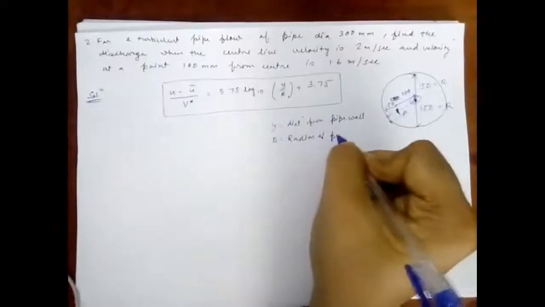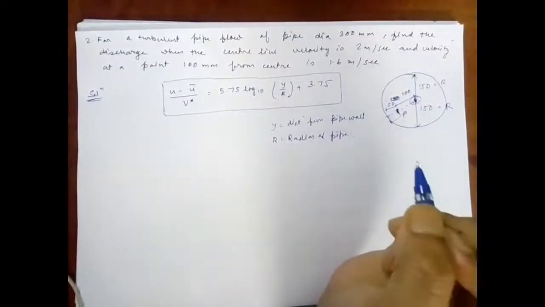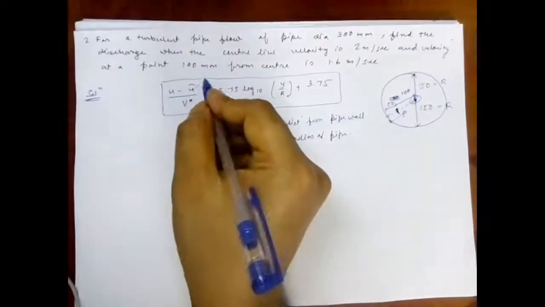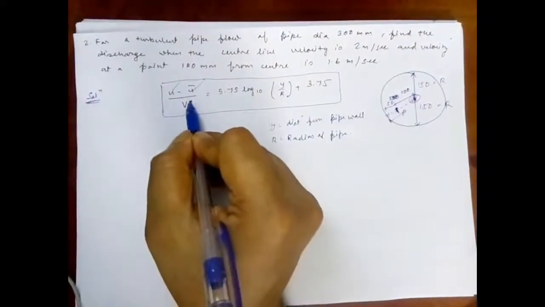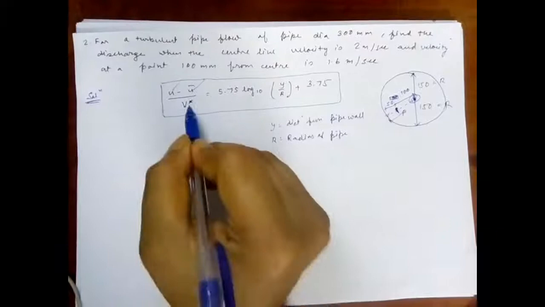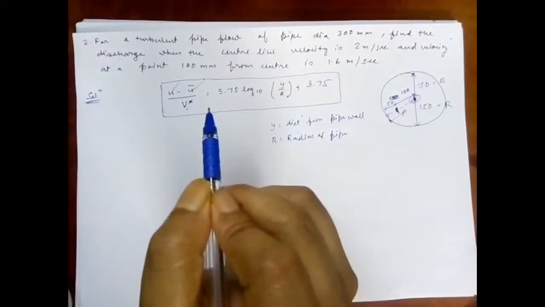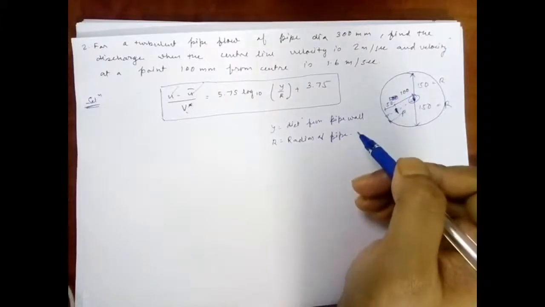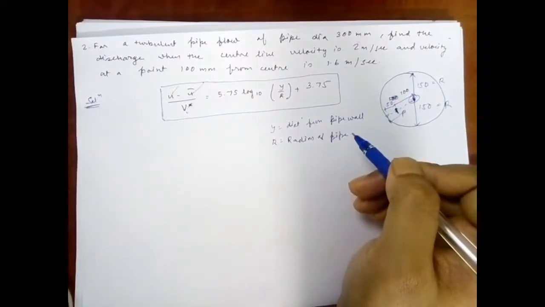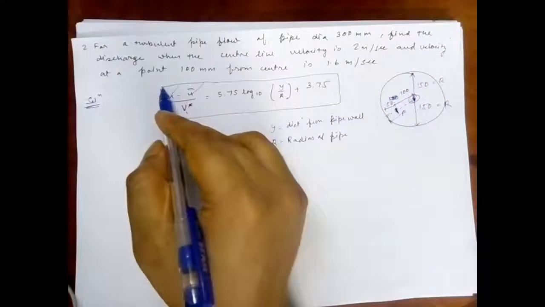R is the radius of the pipe, u bar is the mean velocity, u is the actual velocity, and v star is the shear velocity. So I'll say that this is the formula.